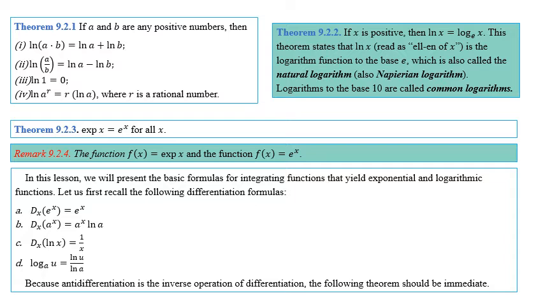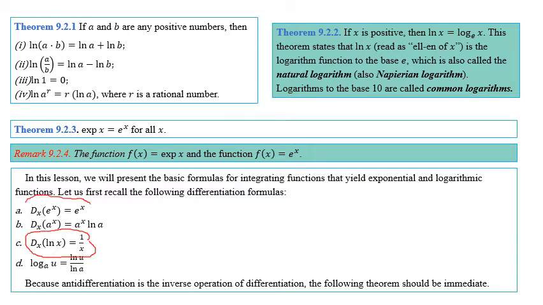So, ang derivative class ng e to the power of x is parehas pa rin sa sarili niya, is equal to itself, that is e to the power of x pa rin. Ang derivative ng a to the power of x is equal to a to the power of x multiplied by the ln of a. And then the derivative of ln of x, take note of this kasi ito yung laging lumalabas.